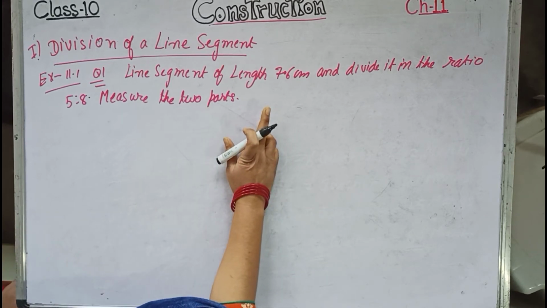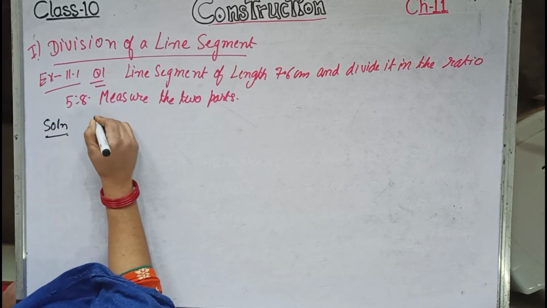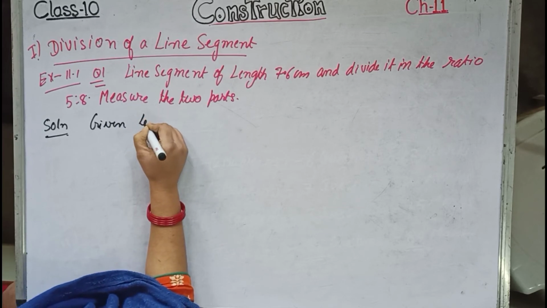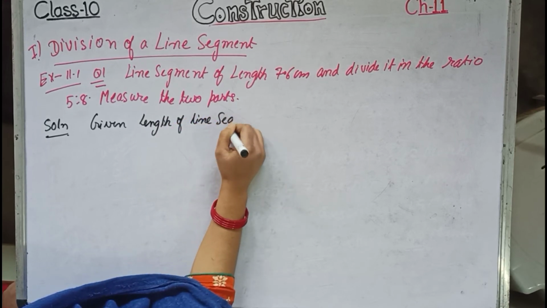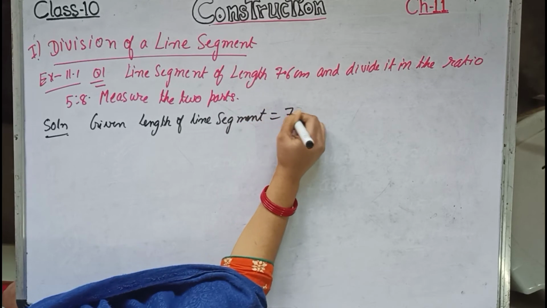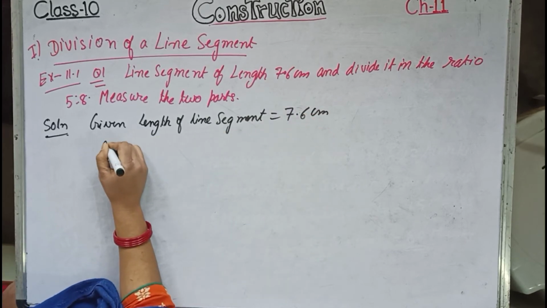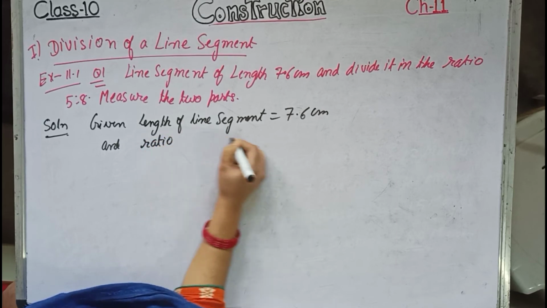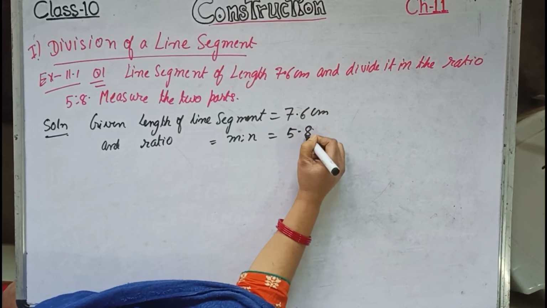So, line segment of length 7.6 centimeter. In the construction part, given length of line segment equals 7.6 centimeter and ratio m is to n equals 5 is to 8.